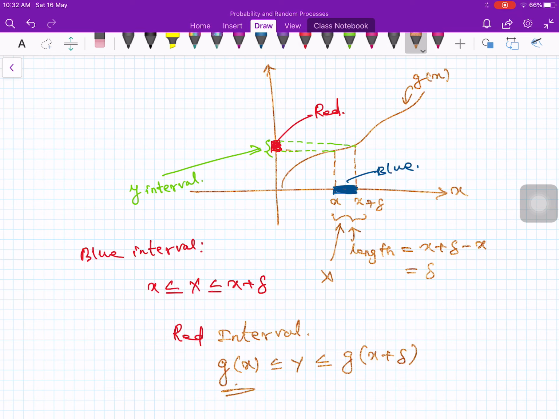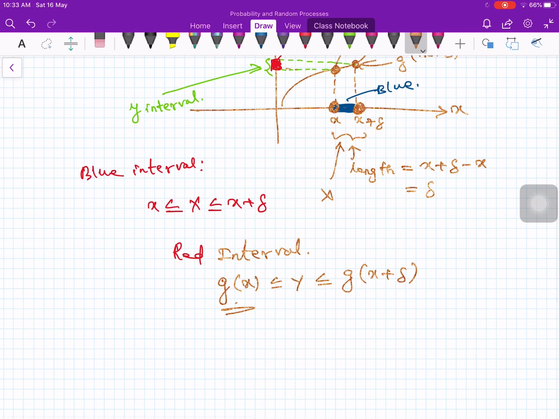Why g of x? Because this point is x, therefore this point on the y axis is g of x, and this point is x plus delta, so this point is g of x plus delta. The red interval length is g of x plus delta minus g of x.